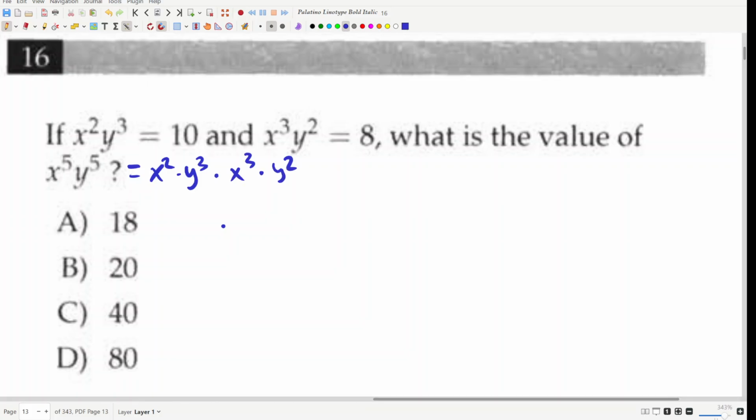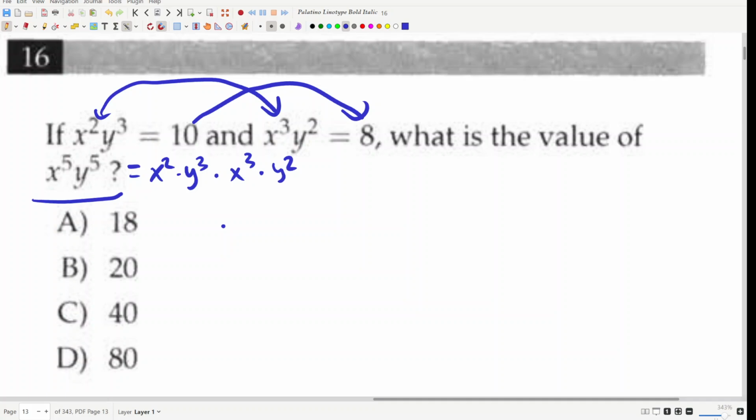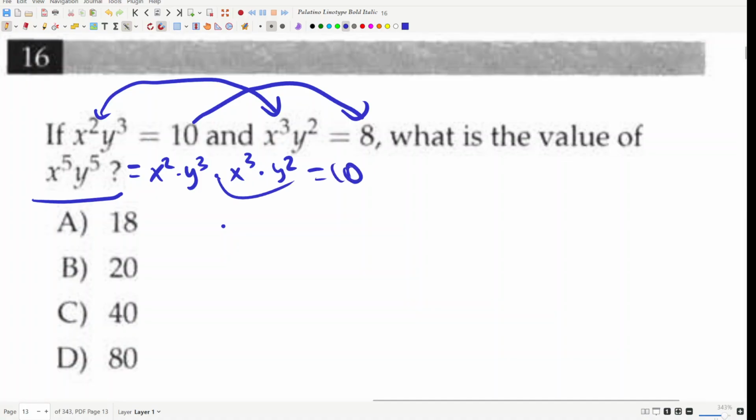We just have to multiply those equations to each other, so we are going to get this value. So x squared times y cubed is equal to 10, and x cubed times y squared is equal to 8. So the answer is 80.